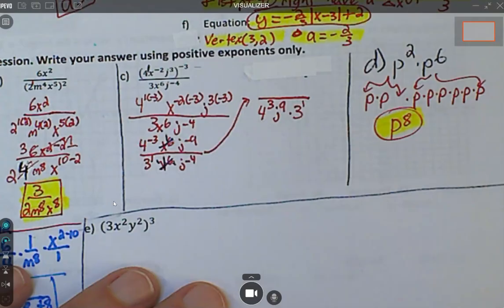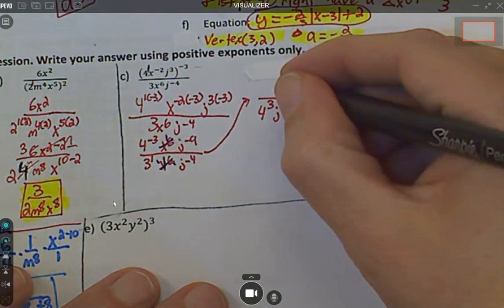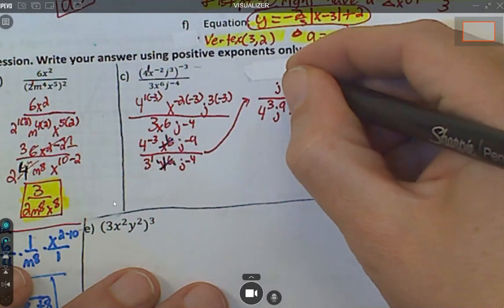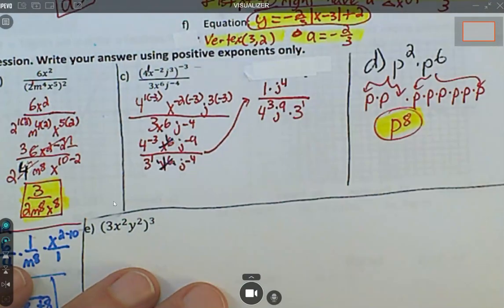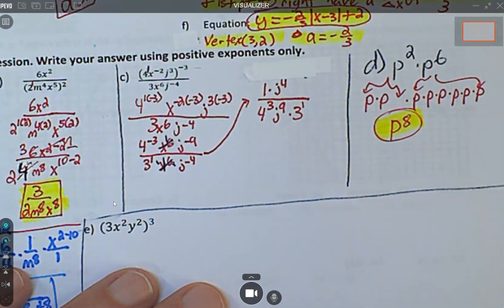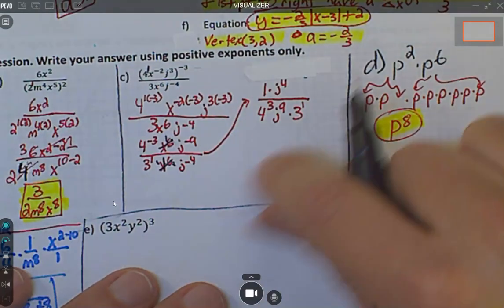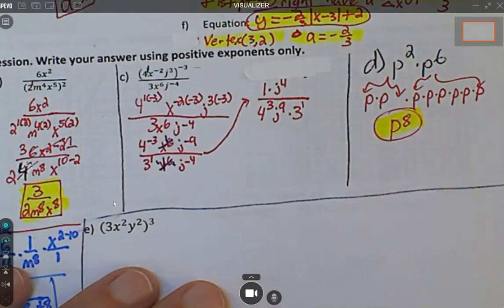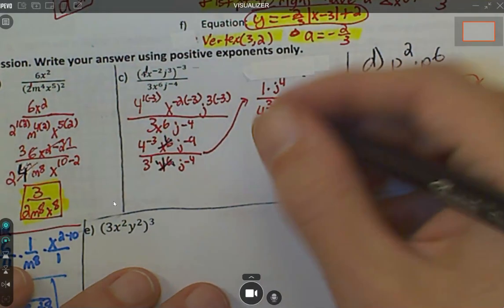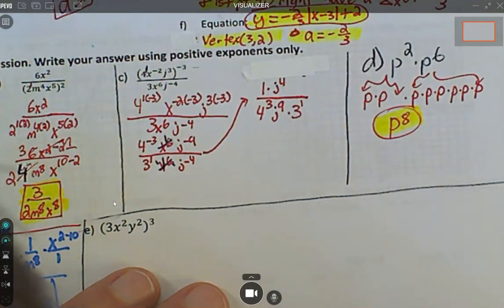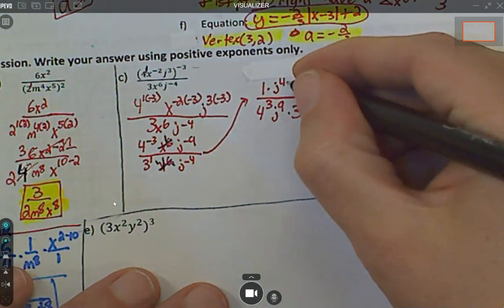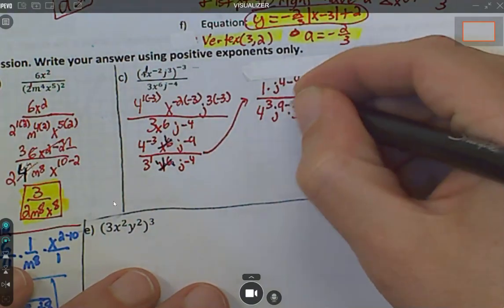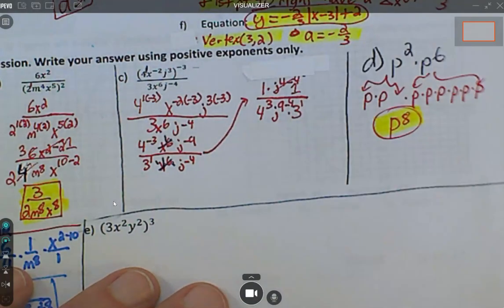Okay, now j to the negative 4 is in the denominator. To make it positive, I move it up. So I got 1 times j to the 4th over that. Okay, now 4 to the 3rd is 64. Okay, I could factor out all 4 j's from the top. That gives me 1 times 1.